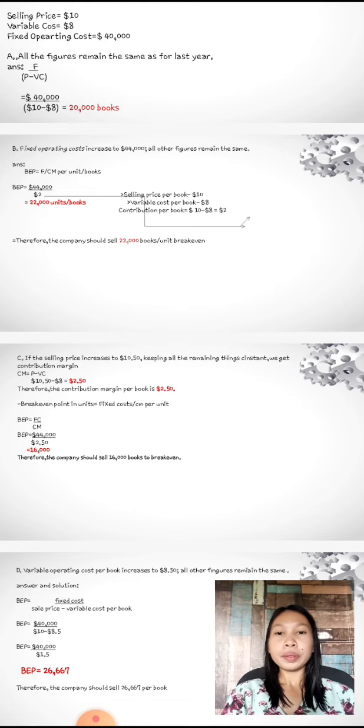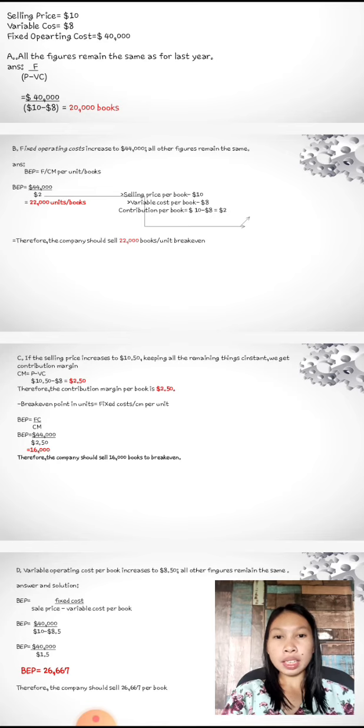The formula is BEP = F / CM per unit. BEP is $44,000 divided by $2, which equals 22,000 books.